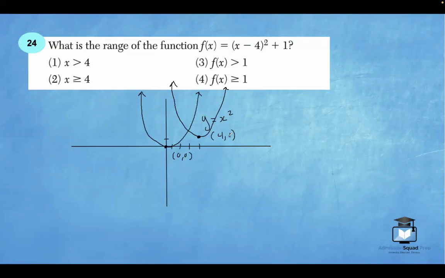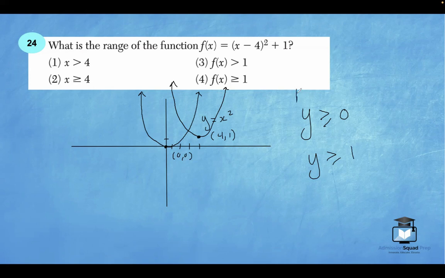So when we're thinking about the range, it's the set of all possible y values. The range of the parent function y equals x squared is all the values when y is greater than or equal to 0. But because this parabola shifts up 1 unit, our range is now going to be y is greater than or equal to 1.